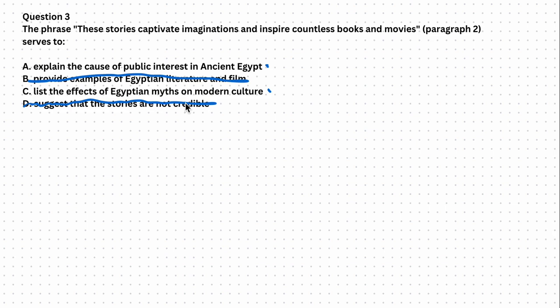So even though this passage is explaining the cause of public interest in ancient Egypt, this particular phrase does not actually explain the cause of public interest. And so what it actually serves to do is list the effect of Egyptian myths on modern culture, and some of the effects would be the inspiration of books and movies. Again, I wouldn't worry too much about the grammar and syntax questions.